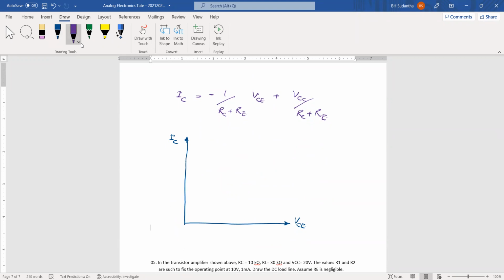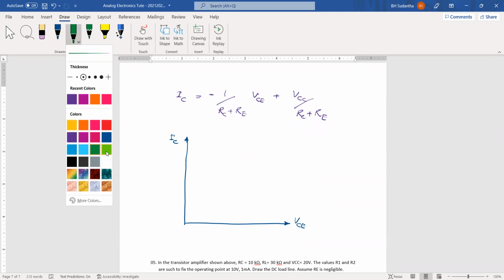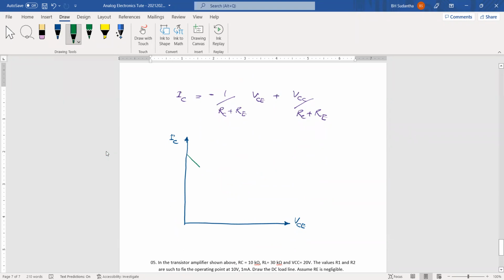You know that the load line should be something like this. Definitely you can draw this one. And you have to find these 2 points. When you find these 2 points, one thing is very easy.